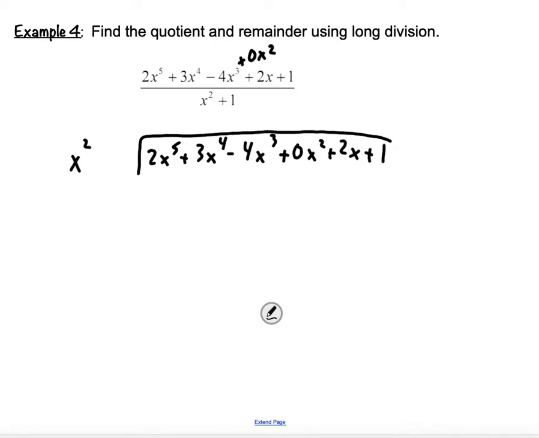It's also true of your divisor over here. If it's missing a term, you want to put it in there as well. So I'm missing the x term over here, so I'm going to put a 0x there.